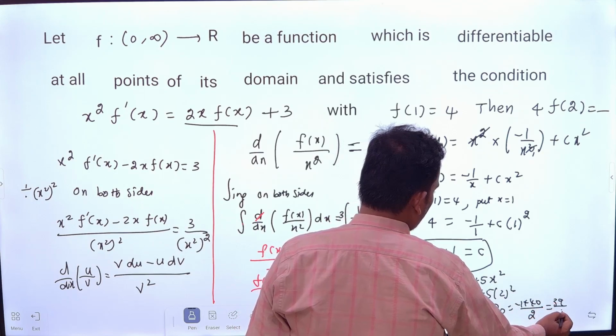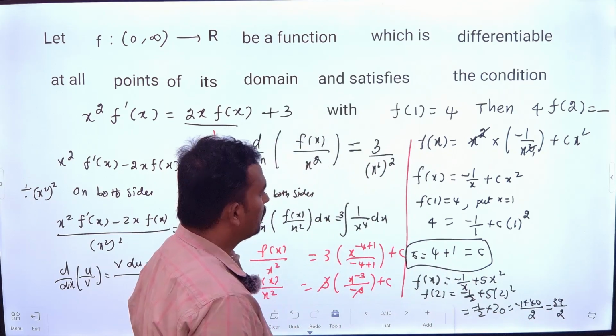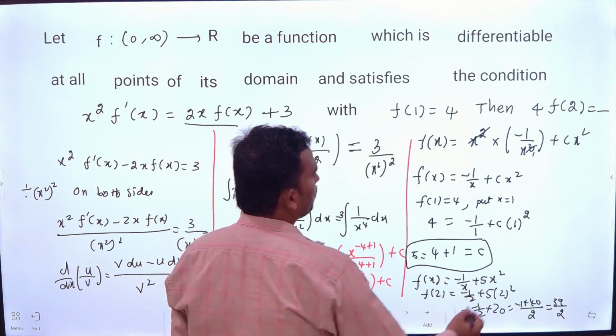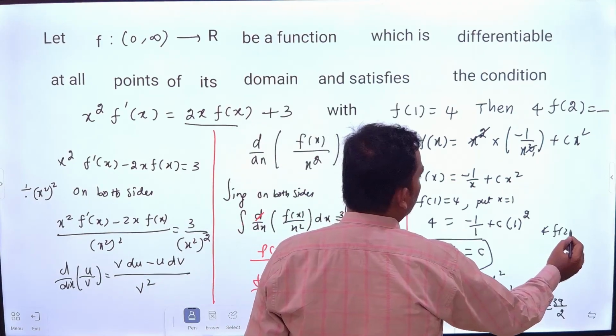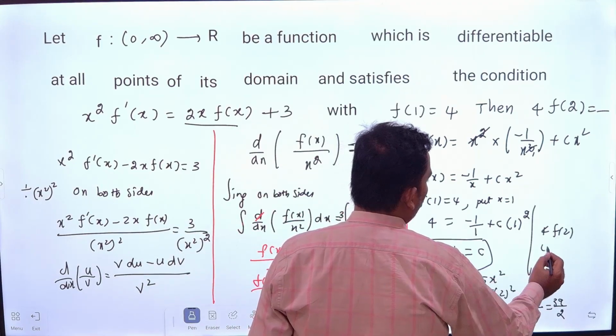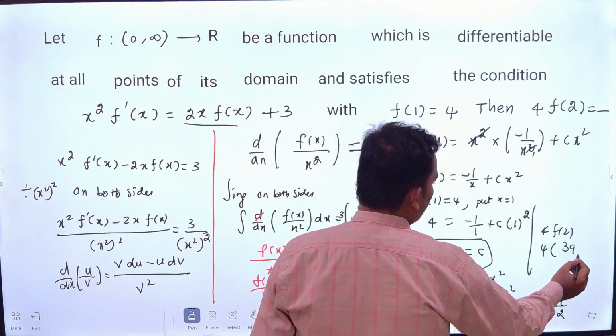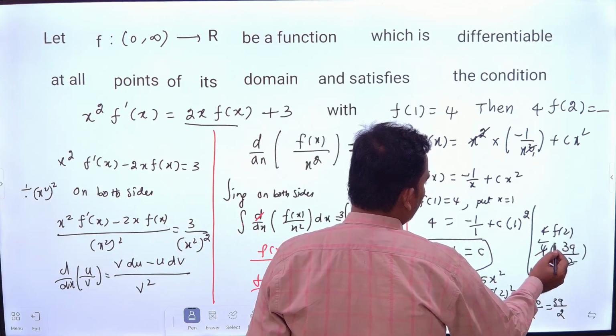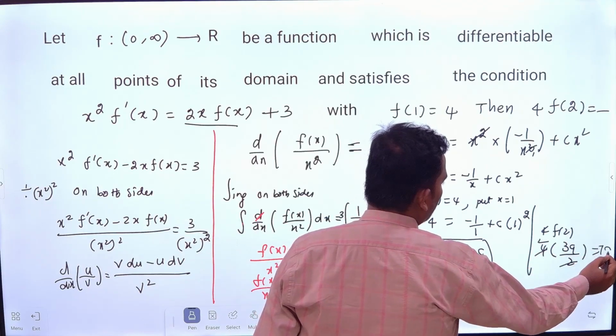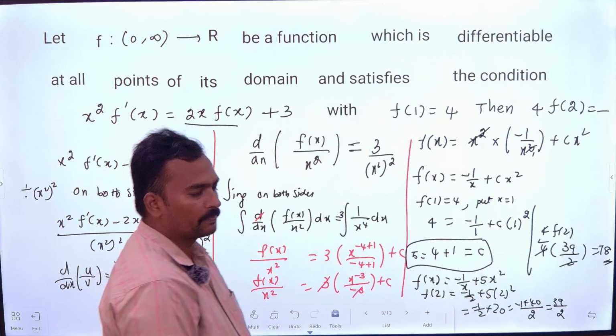So 39 by 2, right? So actually 4 into f of 2 is required. So 4 into what is f of 2? 39 by 2. So 2 times 2 cancels, and 78 is the answer. Okay.